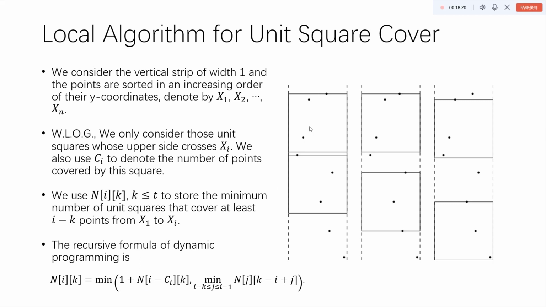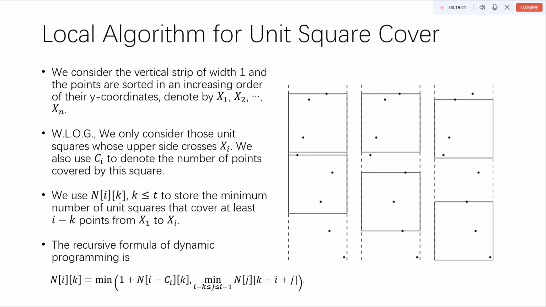If the square covers ci points, then the index of the next point to cover is i minus ci, so NIK can be such a value.